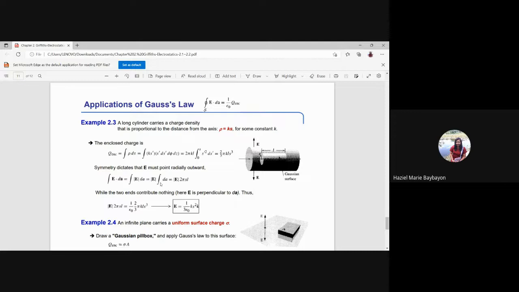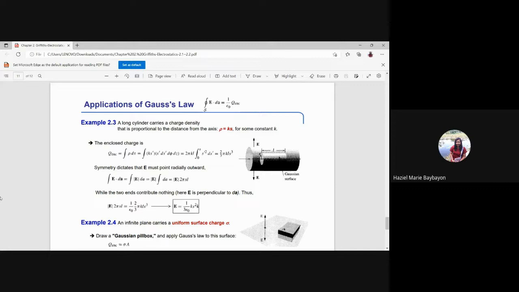Now, dA for a cylindrical surface is 2 pi RL or 2 pi SL. So, this is actually the surface area of the body of the cylinder.